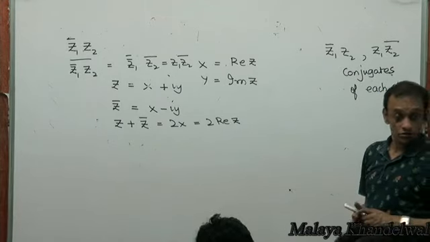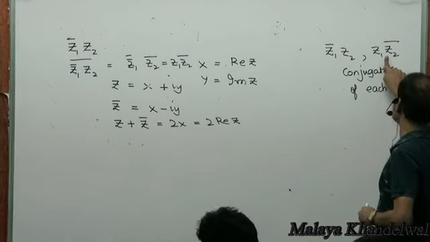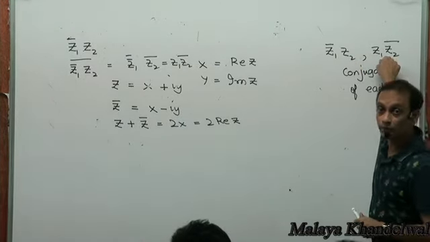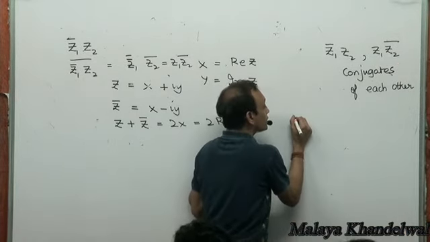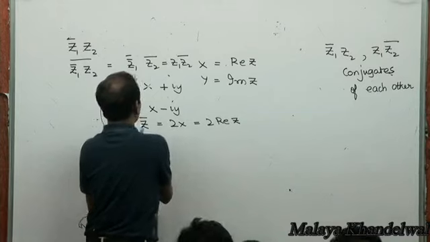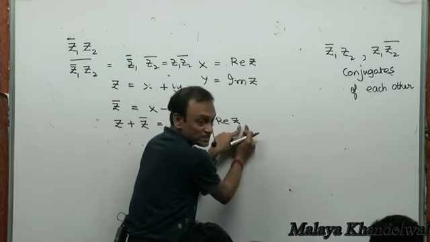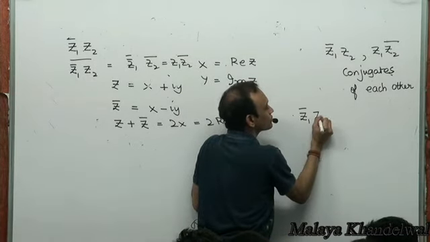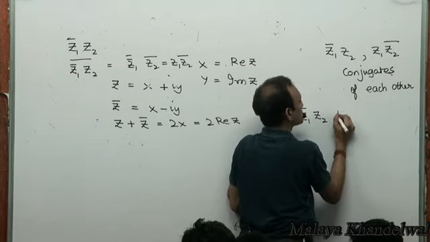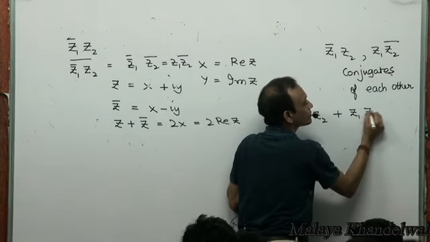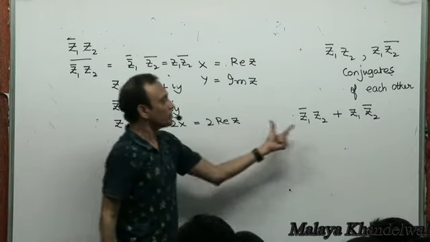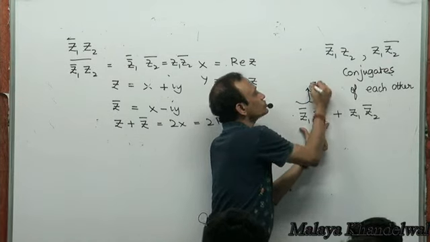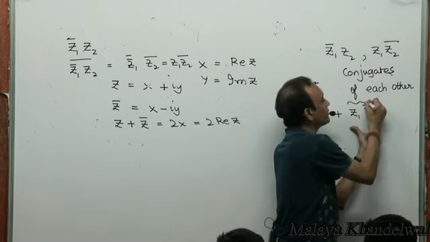Do you all relate to this? These are conjugates of each other. The bar of this will be this, and the bar of this will be this. Right? So, like I said, Z plus Z bar is twice real Z. So if I have, say, Z1 bar Z2 plus Z1 Z2 bar, suppose this was Z, then this is going to be Z bar.